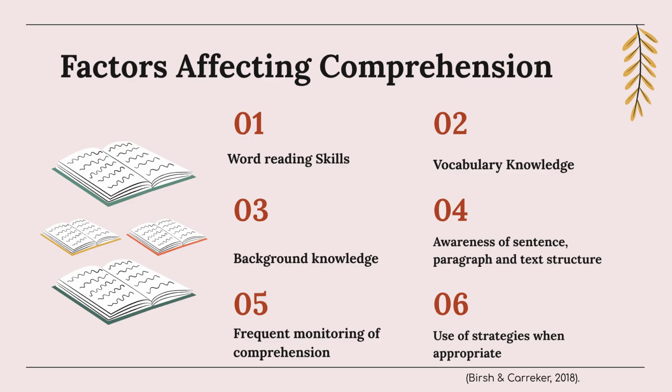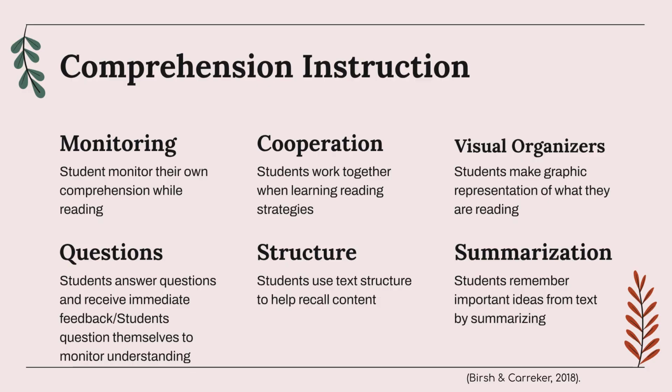Do you have the background knowledge in order to understand what the text is talking about? Number four is awareness of sentence, paragraph, and text structure. Number five is frequent monitoring of comprehension. And then number six is the use of strategies when appropriate. So, using those comprehension strategies that you learn throughout your reading instruction.